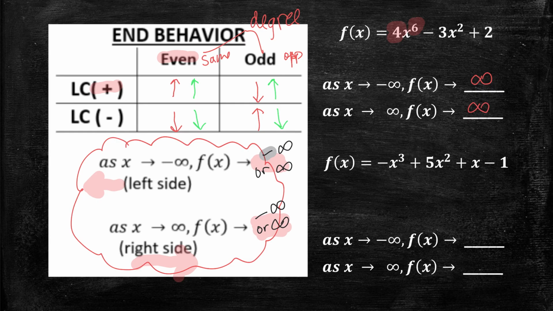If we look at this one here, we have an odd degree and a negative leading coefficient. So negative leading coefficient, odd degree would be here. So then you could fill it in. Left side goes up, right side goes down. So this would be a negative infinity. And this is what you would have to fill in. So this gets really tricky, so make sure that you're taking good notes on this.